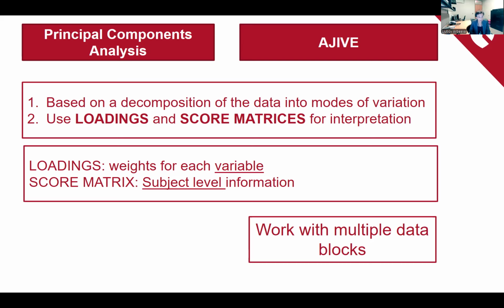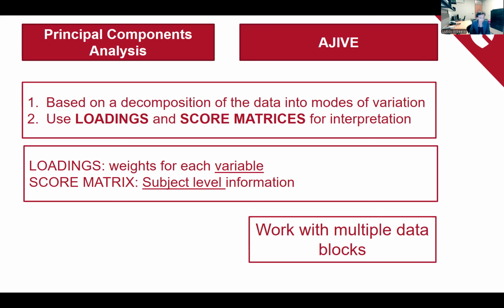The loading matrix provides variable-level information and can be used to identify the importance of each variable to each of the principal components. The score matrices contain subject-level information and represent the original data like biomarkers and demographic data, with a reduced number of variables or principal component scores, but retaining most of the important information.